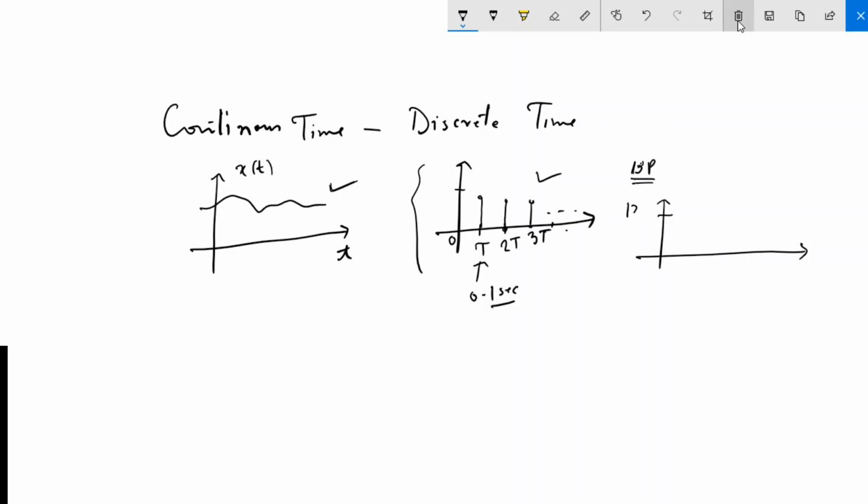Suppose it is 120 by 80 mmHg, millimeters of mercury. Then after 30 minutes, this T, which is now 30 minutes, you again measure your blood pressure. This may be different, you may now get 120 by 70. Then after 1 hour, that is 2T, you again measure your blood pressure. You get some other value and so on.